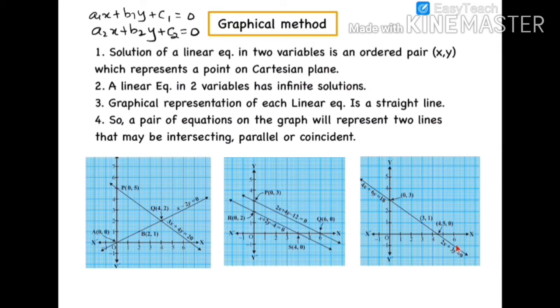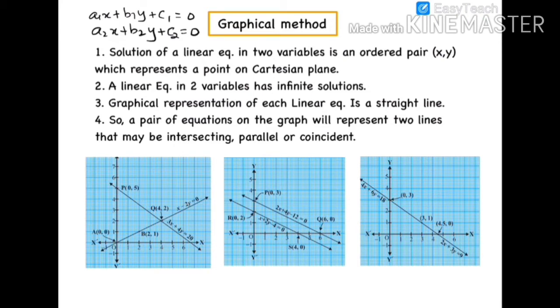When the lines are coincident, every point on each line satisfies both the equations and therefore there will be infinite solutions in this case. So we see that there are three types of solutions for a pair of linear equations in two variables: one solution, no solution and infinite solutions.